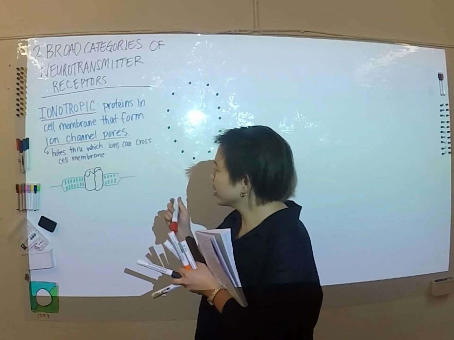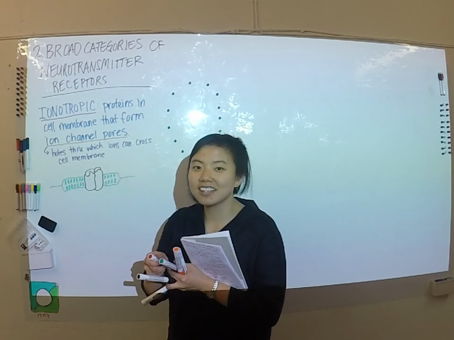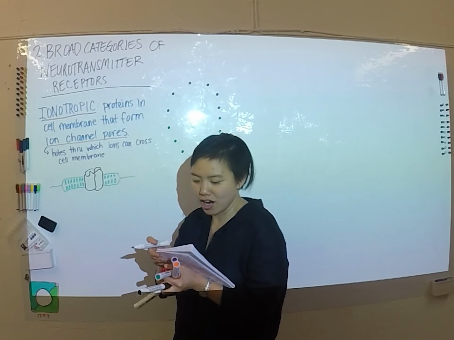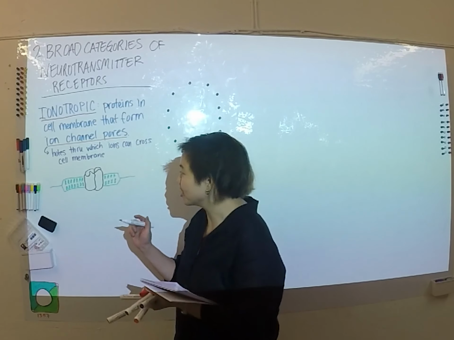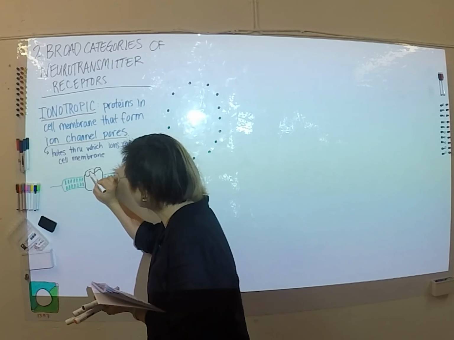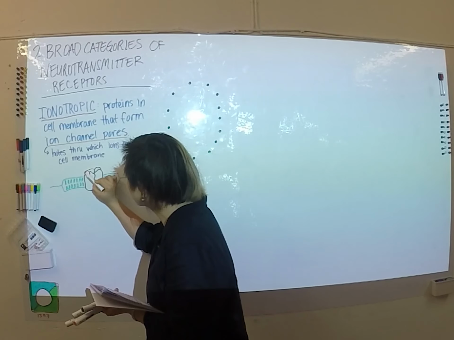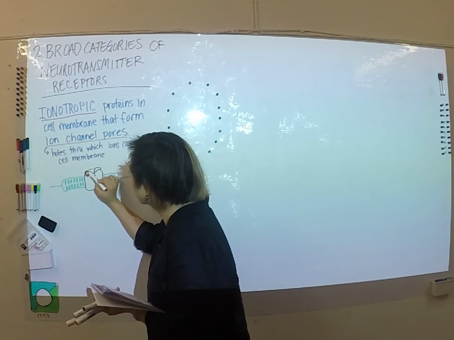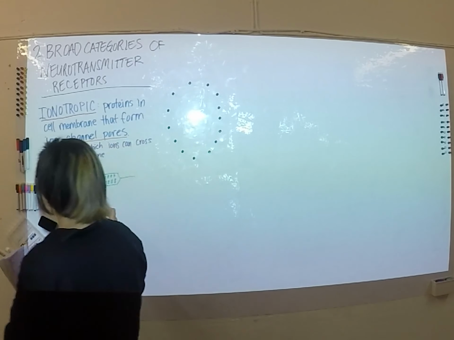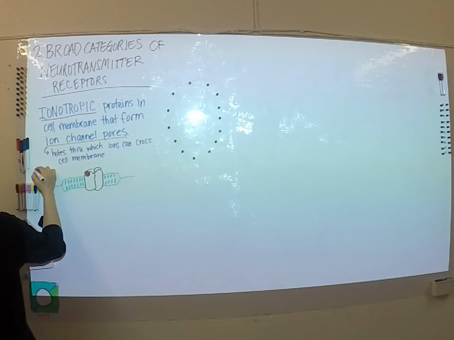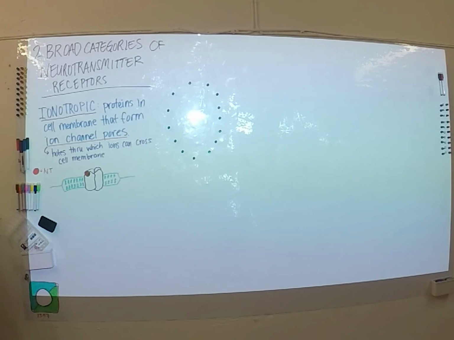Okay. So this empty slot is waiting for some kind of neurotransmitter, some sort of chemical messenger. All right, so this is our neurotransmitter.